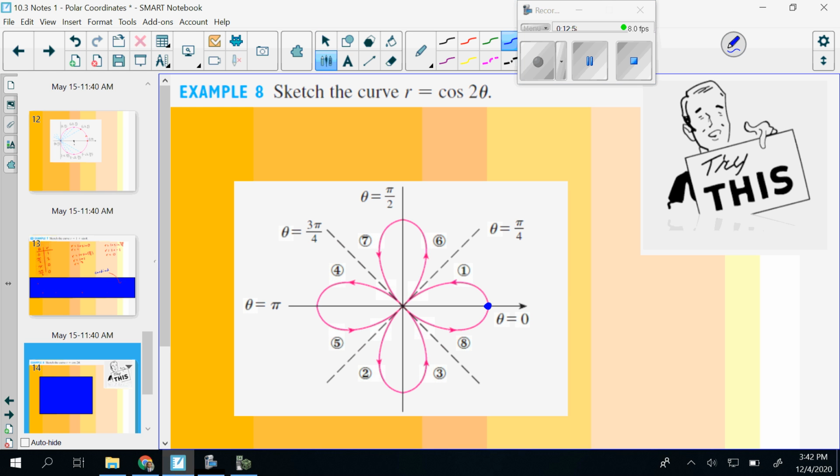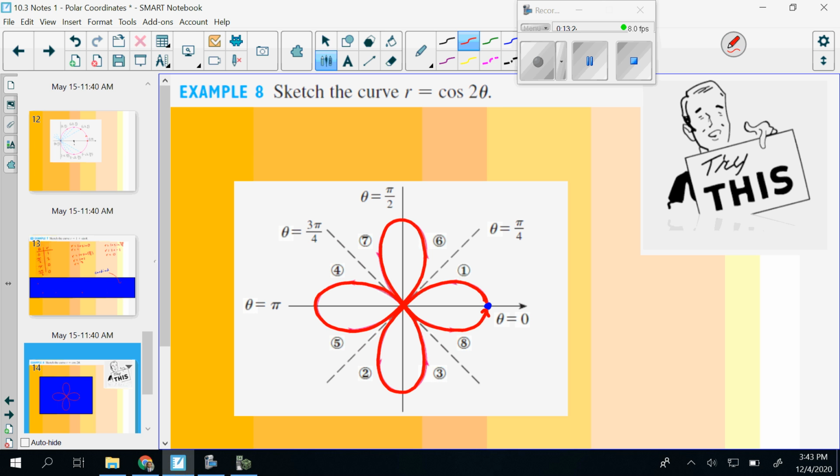So it's starting out right here. And then it goes in this direction where we're going to travel this way. Then it goes down here, comes back up, and it keeps going in this direction, making this 4-leaf clover shape. And eventually you'll come back here, and then right here at 2 pi, you're right back there.